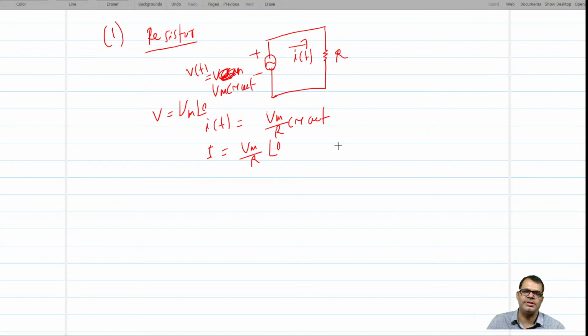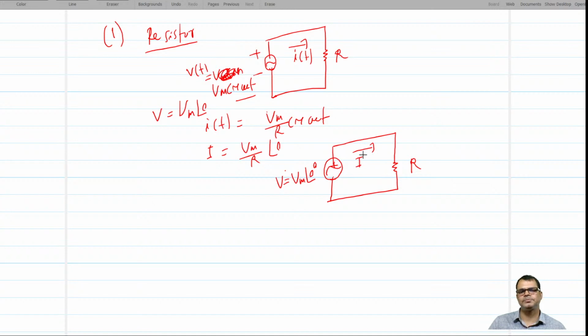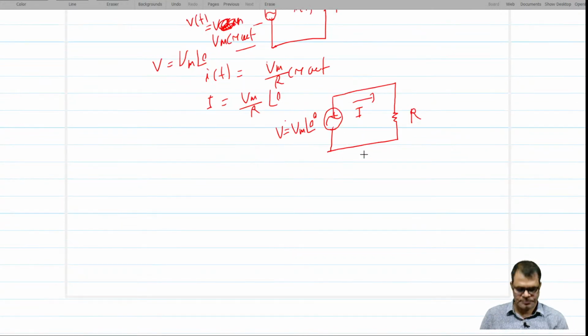Because we will not be doing the analysis in instantaneous values, in phasor notation I will write V equal to Vm at 0 degree, and this is R, and this is your I. Now come to the inductor.